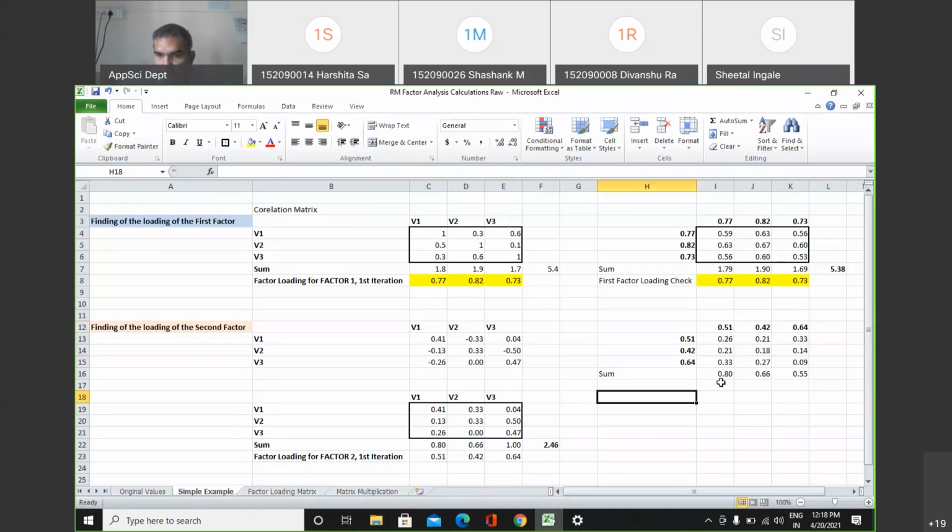We have not got the final value yet. We are in the process. I have not put it here. No issues, I'll put it here.